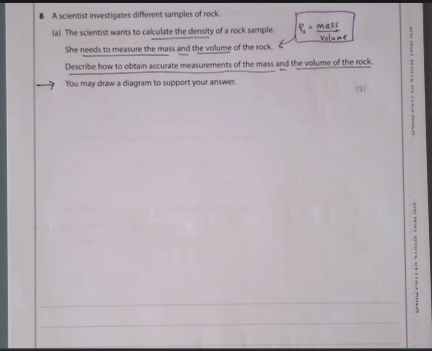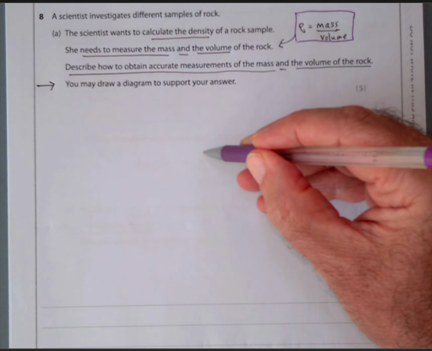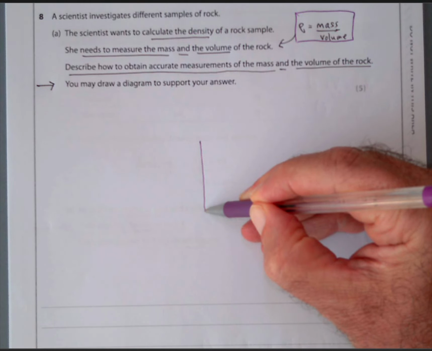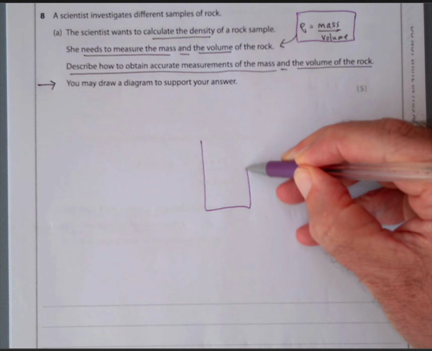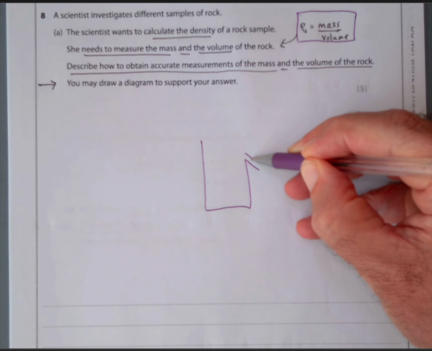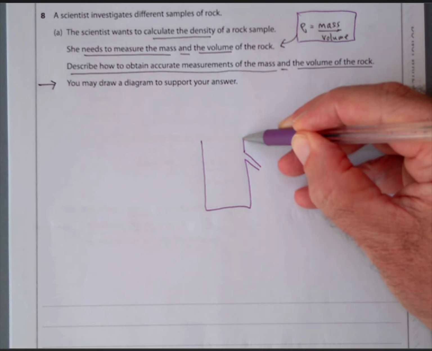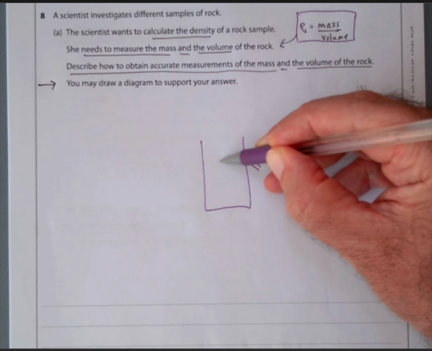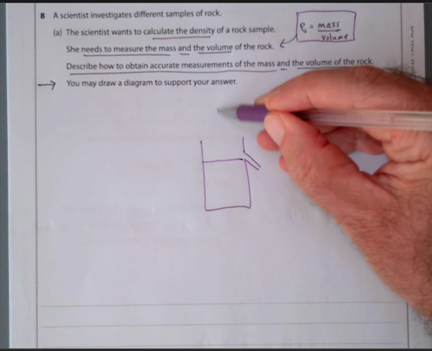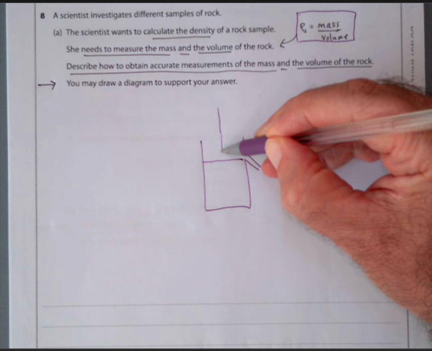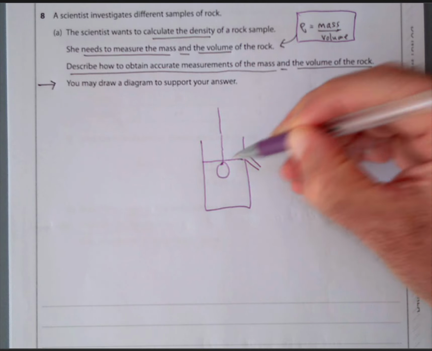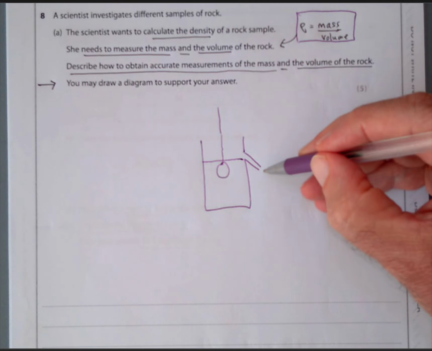Well, if you remember, because a rock is an irregular shape, you can use what's called a displacement can, which has a spout going down that way, and you fill it with water till the top, and then you lower in your rock, which is irregular, with a piece of string or whatever.